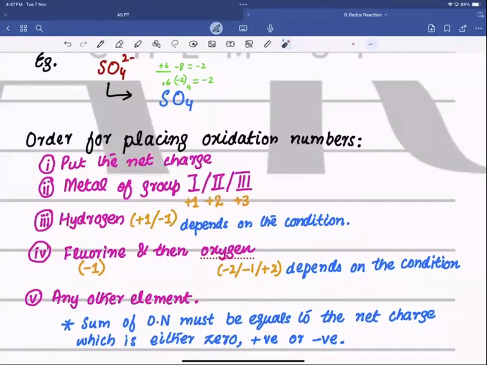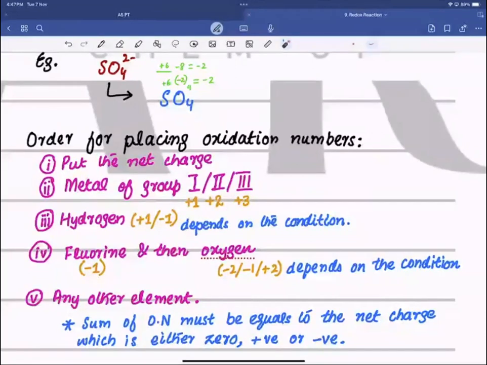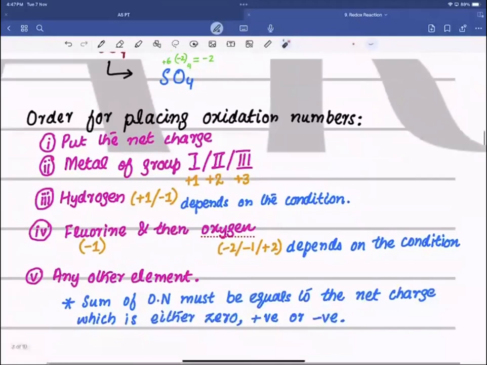Yes. Okay. Then Rohel? Yeah. So we have to follow this order when we are putting the oxidation numbers, okay? Done, sir. Okay, Khatija.